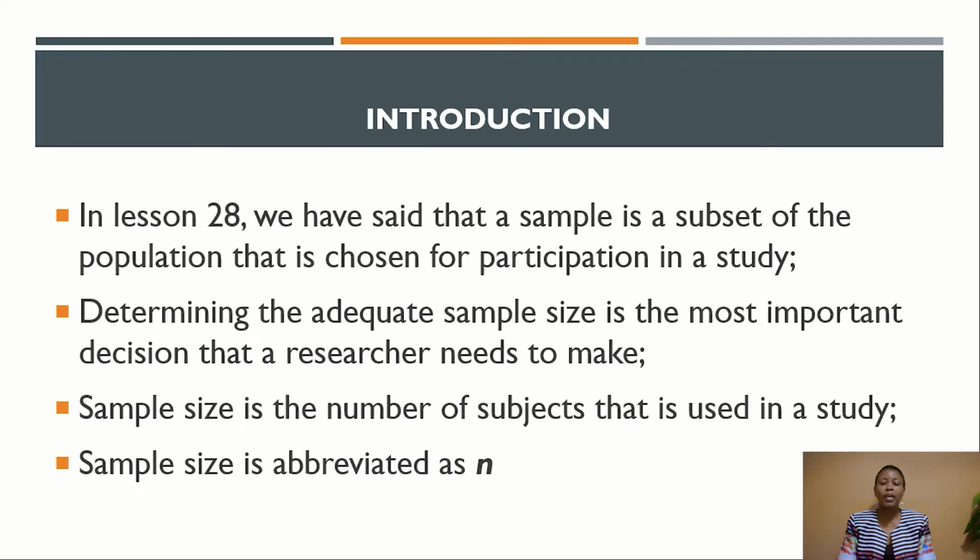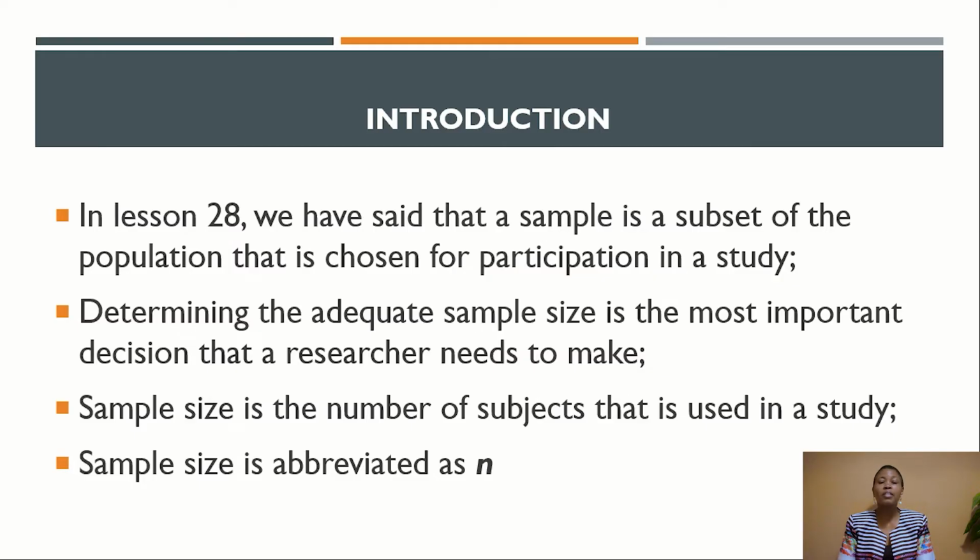In lesson 28, we said that a sample is a subset of the population that is chosen for participation in a study. Determining the adequate sample size is the most important decision that a researcher needs to make.